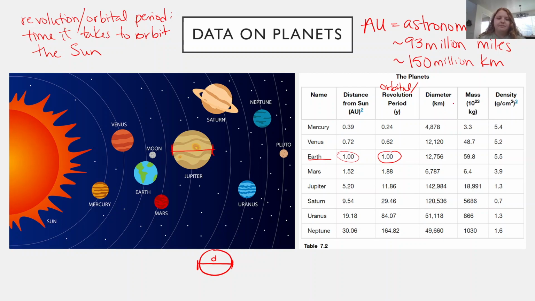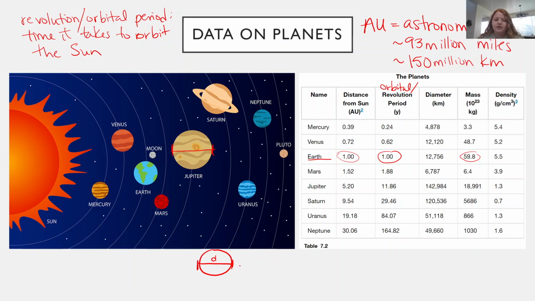Then we have the mass of the planet, and that's kind of like what we were just looking at, but we were looking at it in percentages of the overall solar system. But now this is going to tell us the exact mass of the planet. So, for example, for Earth we have 59.8. And this isn't just in kilograms, this is in times 10 to the 23rd kilograms.